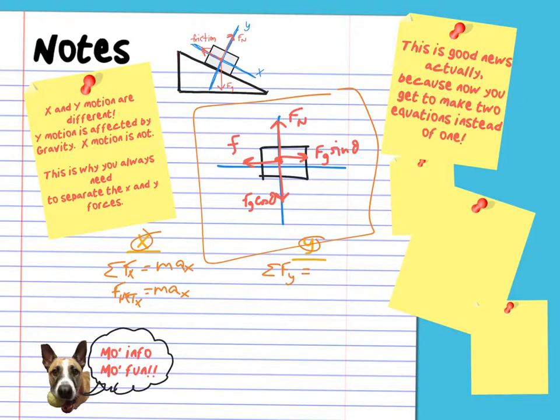When you're in the Y camp, we worry about the forces and the acceleration in the Y direction, obviously. Actually, if you have never seen this notation, I bet you saw it in math.